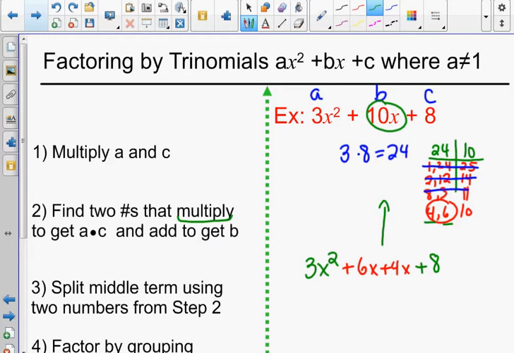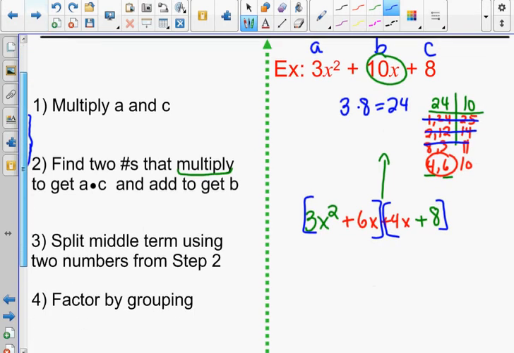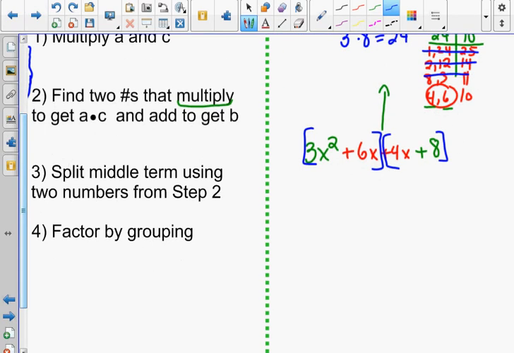But I did all this process here to split this 10x into two terms, because now what we're going to do is factor by grouping. So I'm going to group the first two terms together, and I'm going to group the last two terms together. The GCF of the first two terms is going to be a 3x.